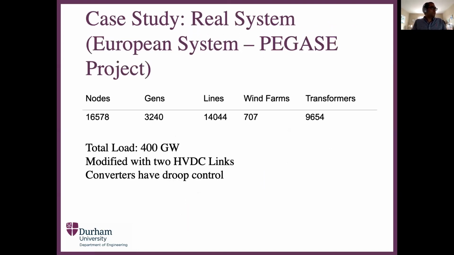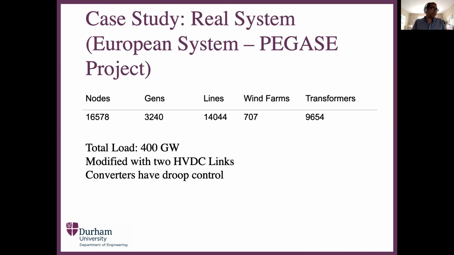Now, the second case study is a real system. It's a European system with 16,578 nodes, 14,000 lines. We have 700 wind farms. Essentially, it's representative of the continental Europe network. And we modified it with 2 HVDC links, and we basically threw in every single control that we wanted to add.